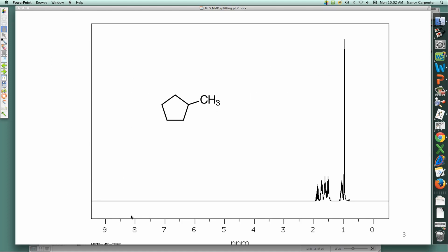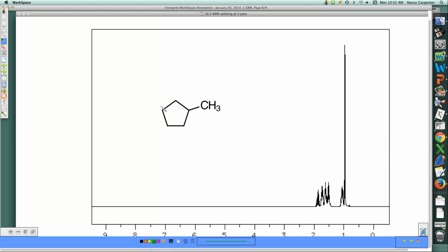So for example, methyl cyclopropane, we might look at this structure and think, well, I should see some pretty nice, easy to interpret patterns here. I know, for example, that these 4 hydrogens would be chemical shift equivalent. And while I know they're not going to couple each other, they should be split into a triplet by the adjacent CH2, the adjacent methylenes. Well, you can look over here, and you sure aren't going to find a triplet.